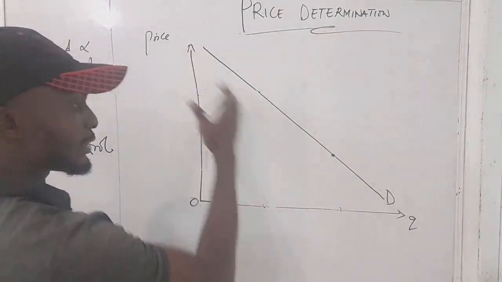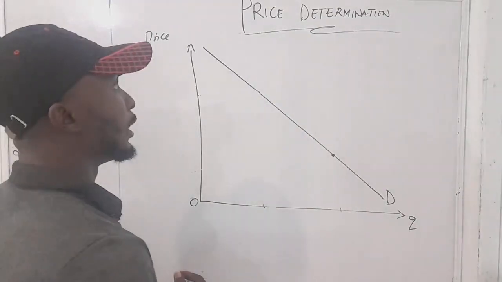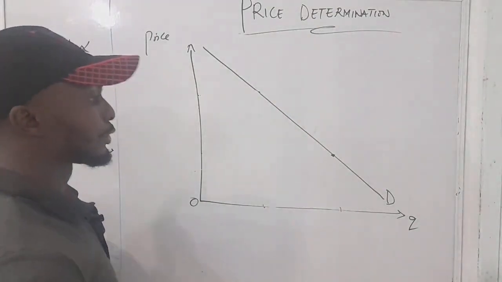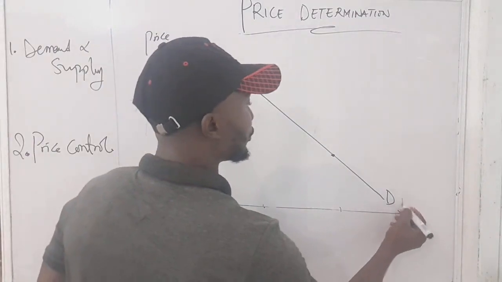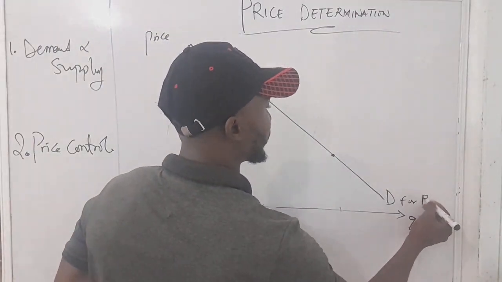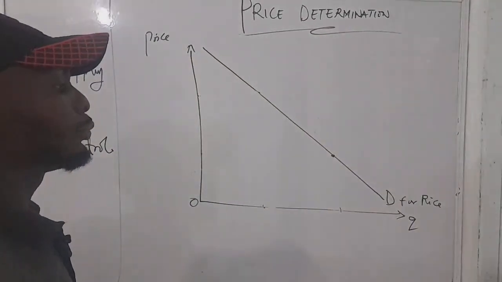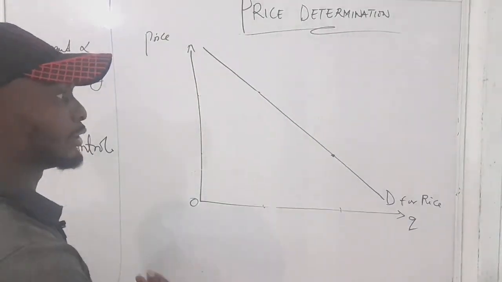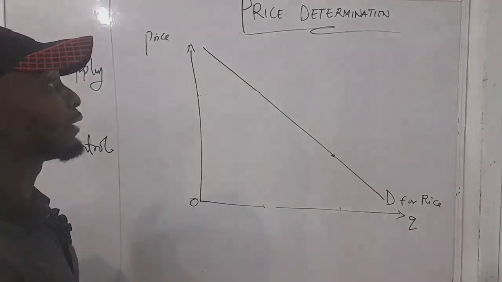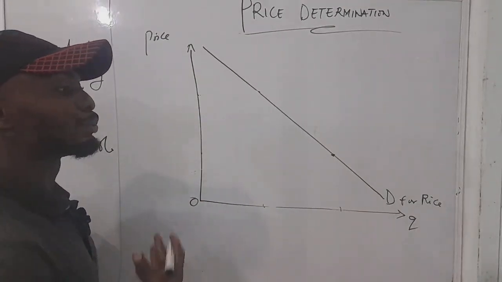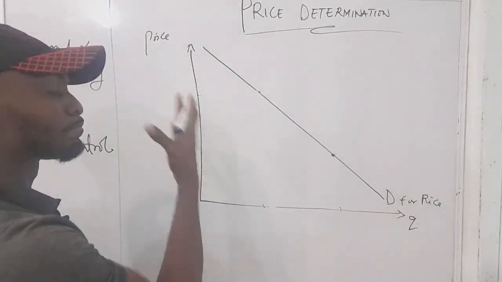So if this is the demand curve for a particular product, let's say this is demand for rice, now how are we going to get the price for this? The first thing we have to note is that you cannot have a price except there is a demand.